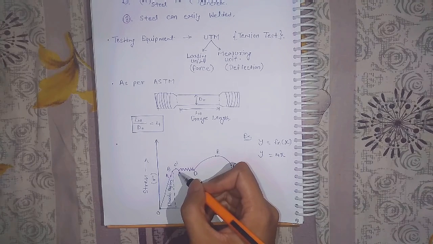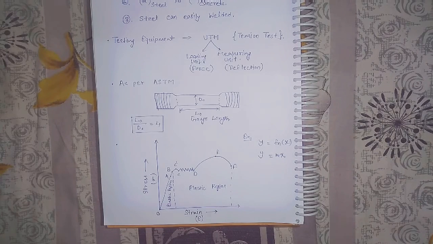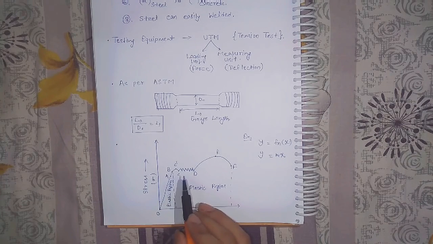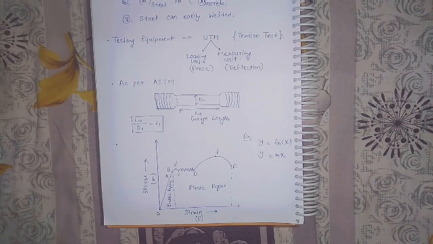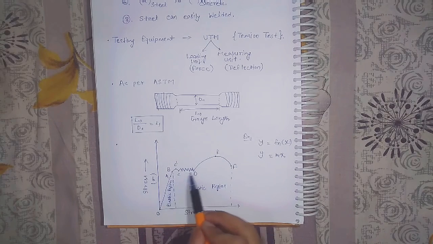So we choose the yield value as this point C, and up to D is the zigzag path. This zigzag curve shows the plastic deformation.